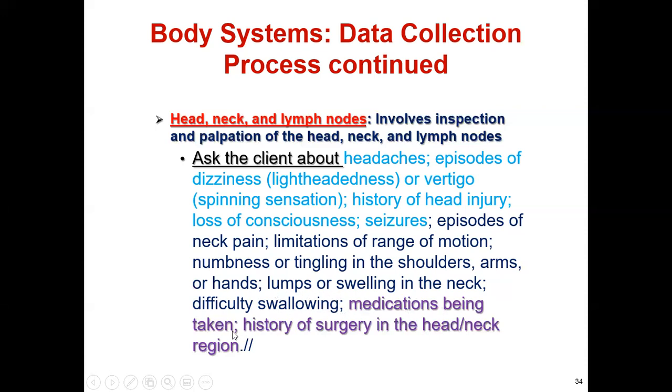Medication being taken, history of surgery in the head neck area. So ask leading questions to your patient to find out any problem in the head area, neck area, or lymph node related.